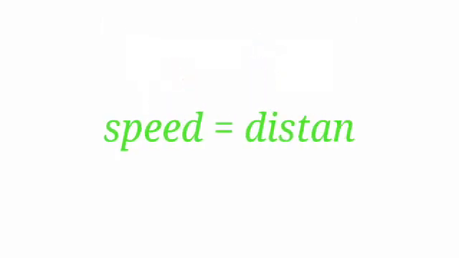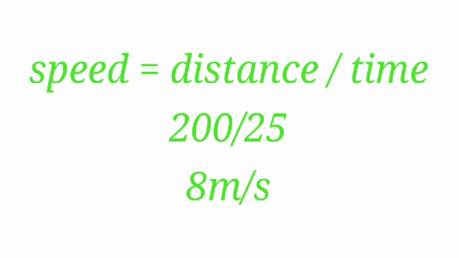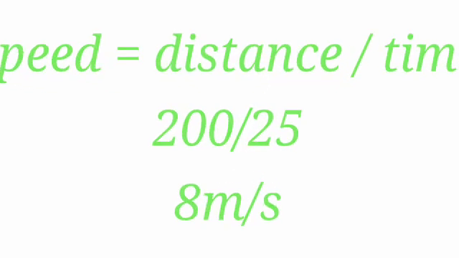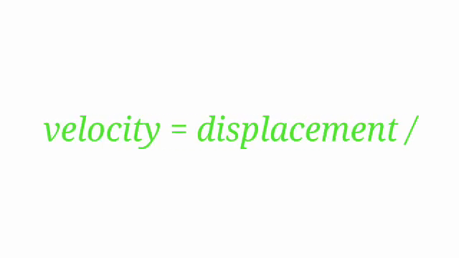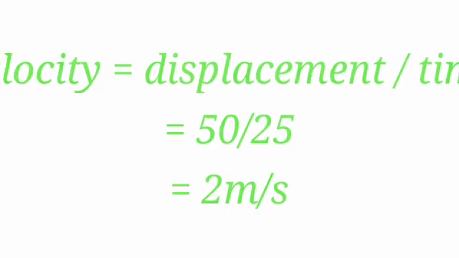Look at this. Speed equals distance divided by time, so 8 meters per second, and velocity equals displacement divided by time, equal to 2 meters per second.